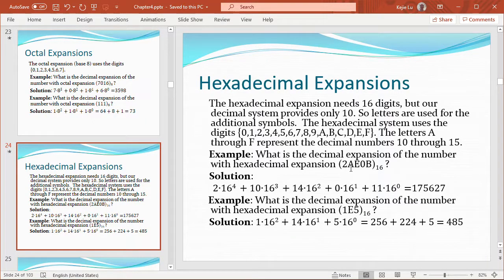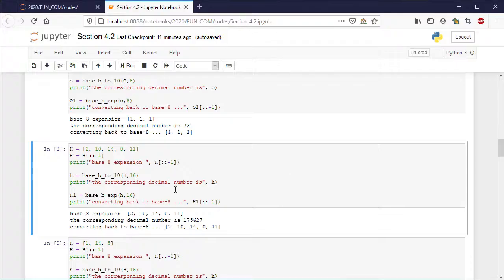So we have 2AE0B in the hexadecimal system. But as I mentioned, these A, E, B or other English letters are just some encoding of a number. So because of that, I'm going to change this A to 10, E to 14, and B to 11. Right?